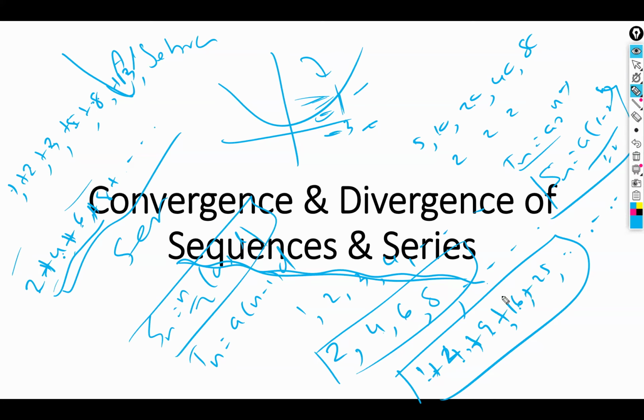So when it comes to series, we use sigma notation because sigma means sum. 1 plus 4, 1 plus 4 plus 9. That is sum of 3 terms. Sum of 4 terms, sum of 5 terms. So this Tn or An is for sequence, nth value. Sn is sum up to this point, sum up to n values. Yes. So now you should know the difference between sequence and series.